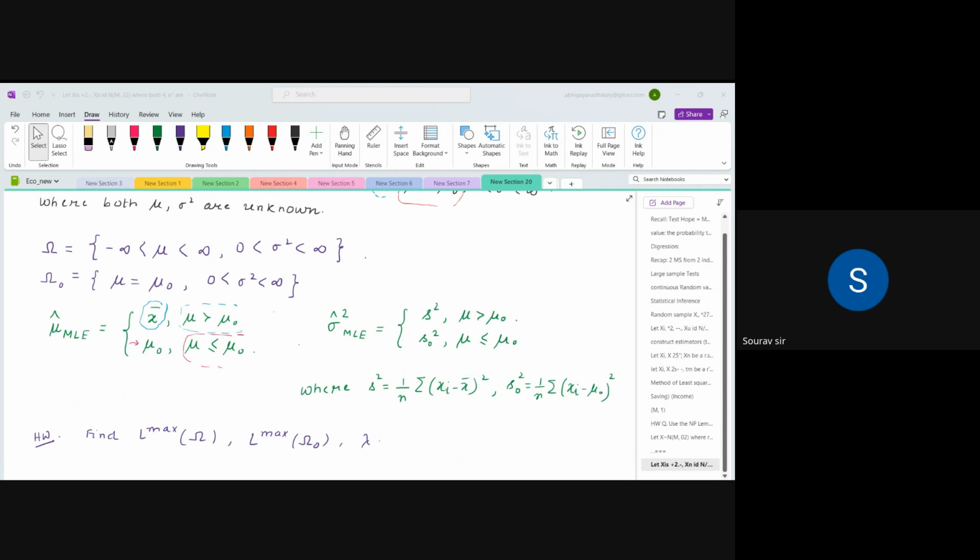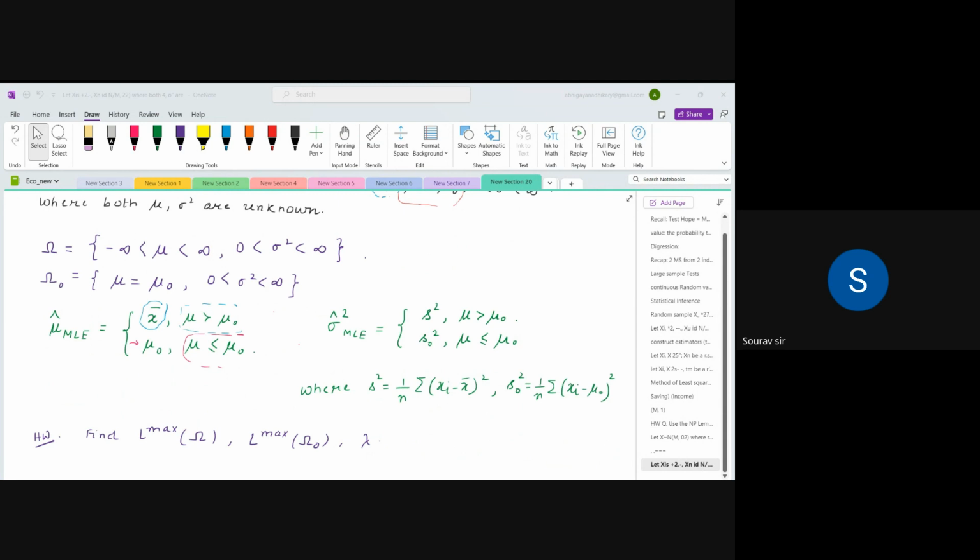Yes, Chaitanya? Sir, I was trying to understand the difference between the previous question and this one. In both cases, the likelihood ratio test is L max of omega naught by L max of omega. So in the latest part, why was it necessary to insert the second line?